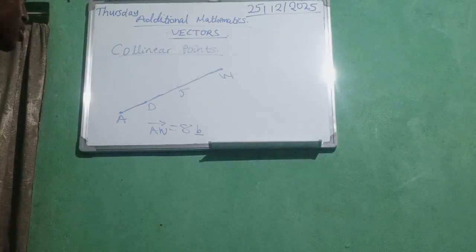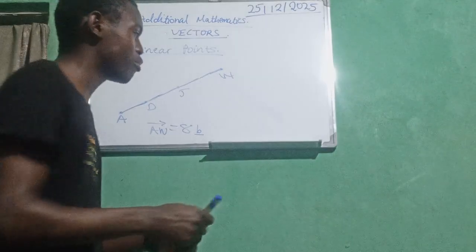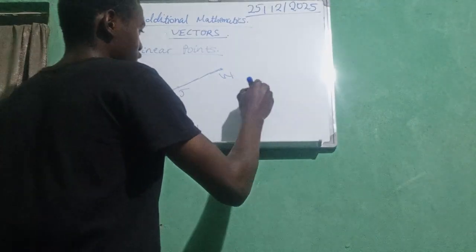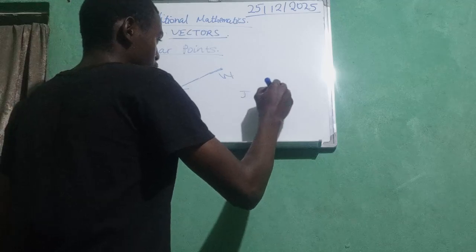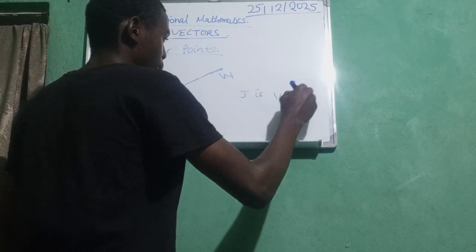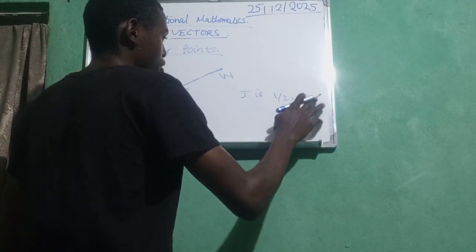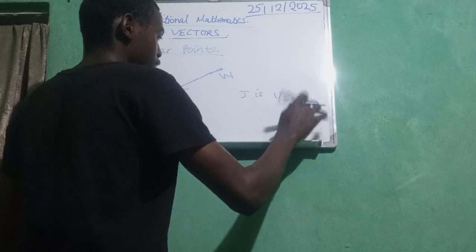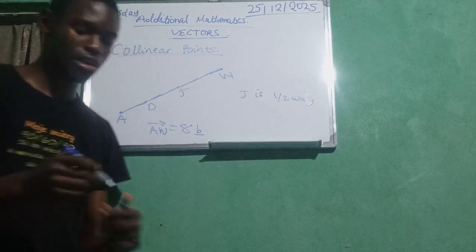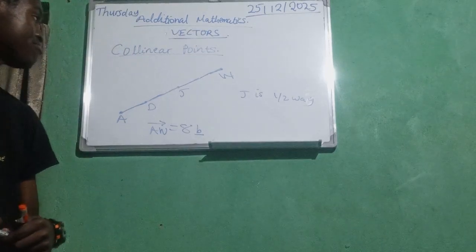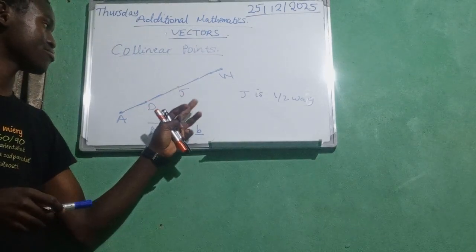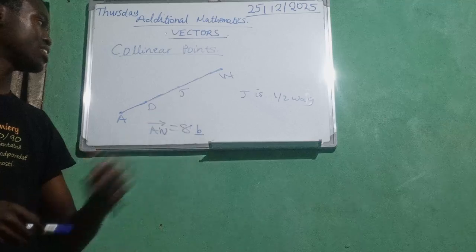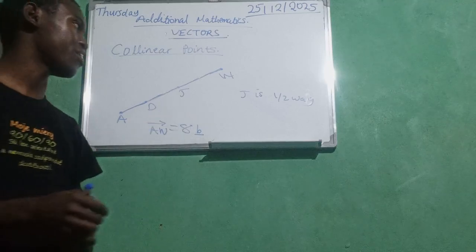And then we're told J is the midpoint. So J is halfway.